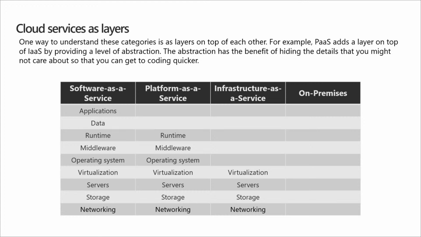But notice what's missing under infrastructure as a service. You have to decide on an operating system, the middleware, the application, the databases, everything else falls under your responsibility. So software as a service abstracts away all of this, and that's why Microsoft 365 is much easier to just jump in and start using it, especially tools that you're already familiar with.